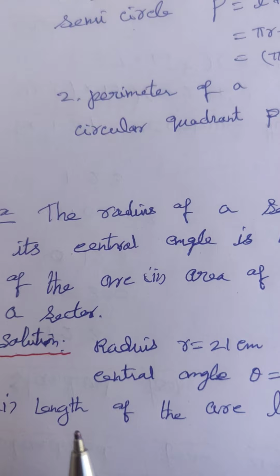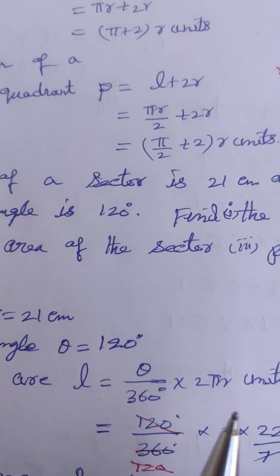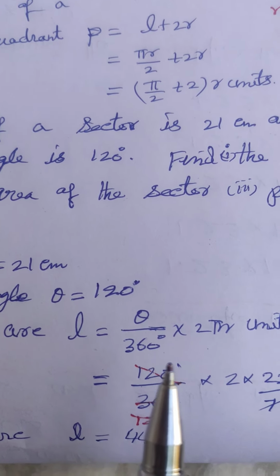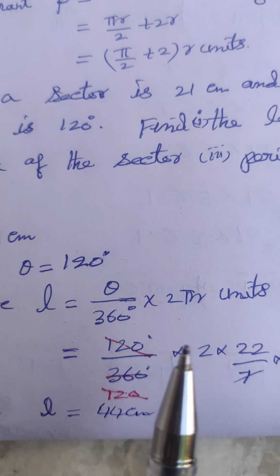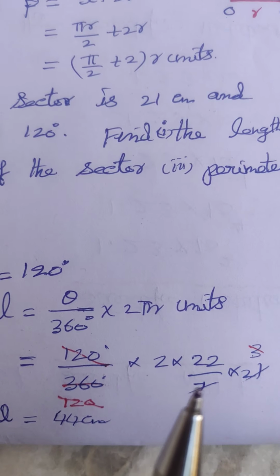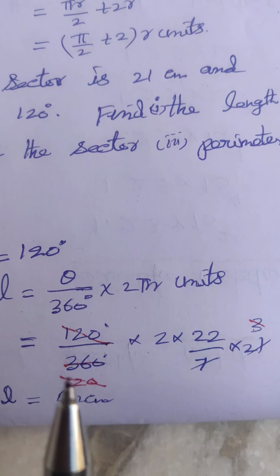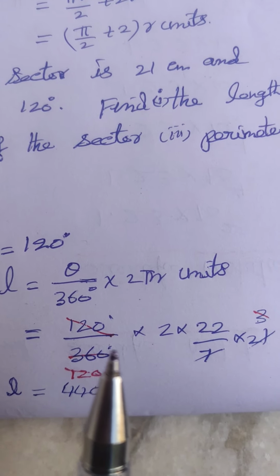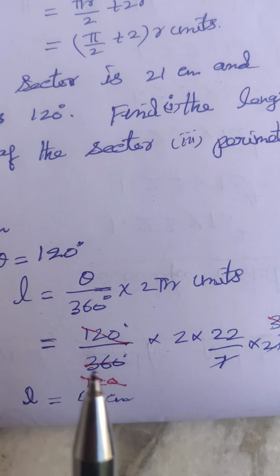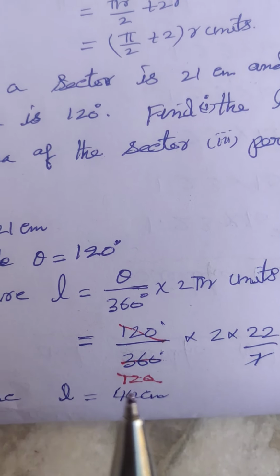The first question is length of the arc L equal to theta by 360 into 2 pi r units. Theta is 120 degree by 360 degree into 2 into pi is 22 by 7 into r is 21. 7 ones are 7, 3 sevens are 21, 3 ones are 3, 120 3s are 360 degree, then 120 degree by 120 degree get cancelled, remaining 2 into 22, L equal to 44.